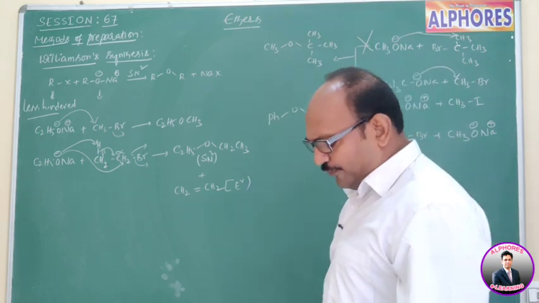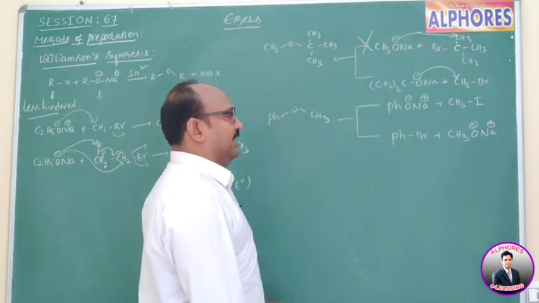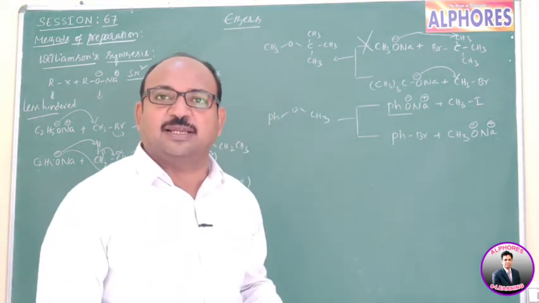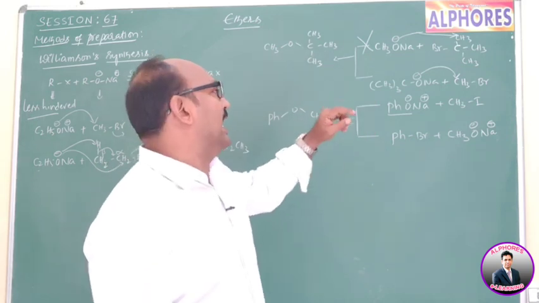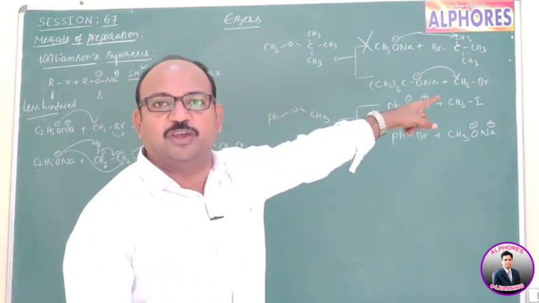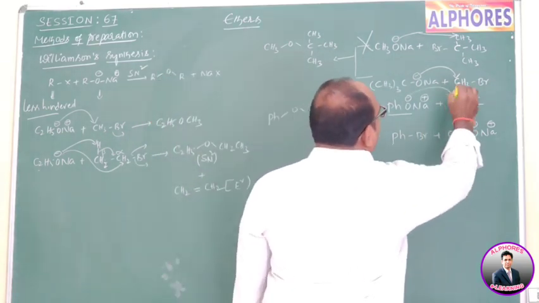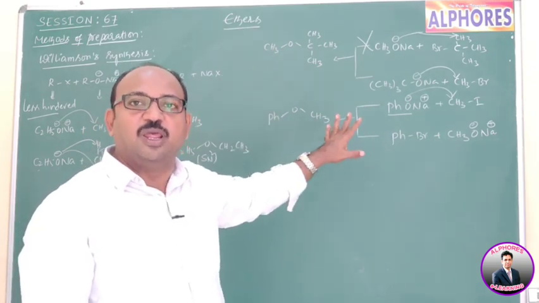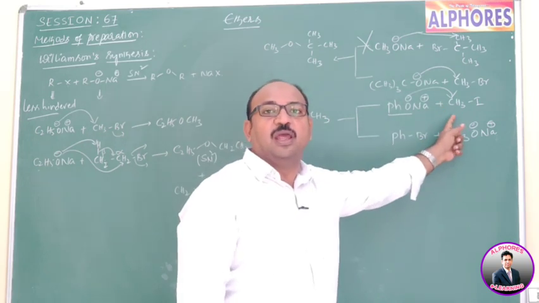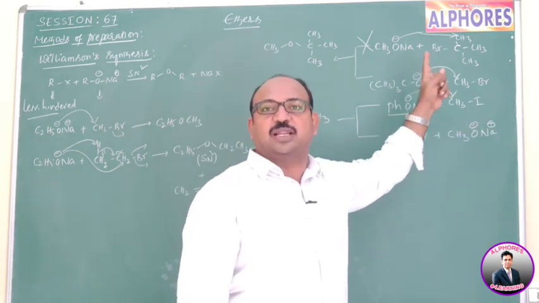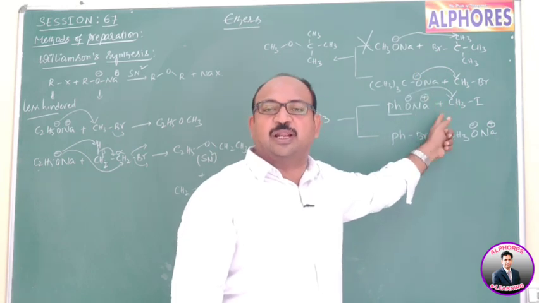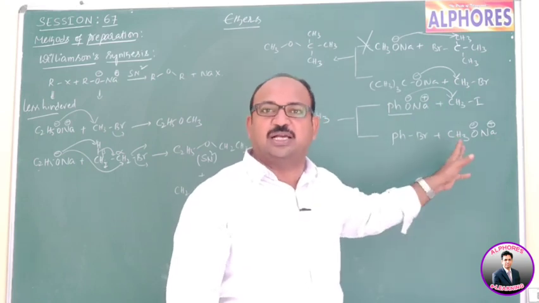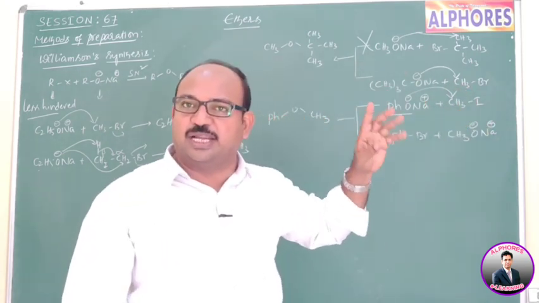So, which one is far better? Let us consider the first case, phenoxide ion, as we discussed and learned in the previous session. The phenoxide ion is stable, and it may attack the leaving group containing carbon, meaning the iodine containing carbon, and it can approach freely. The leaving group here is iodine. The iodine containing carbon is freely approached because hindrance is less, and there is no scope for elimination because the leaving group carbon is only the alpha carbon.